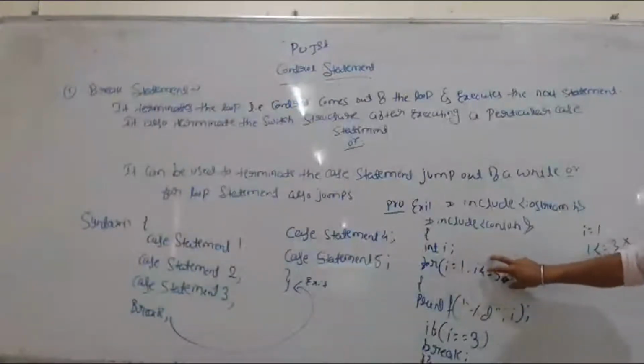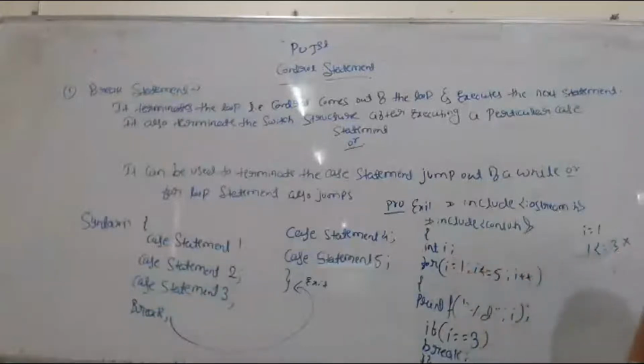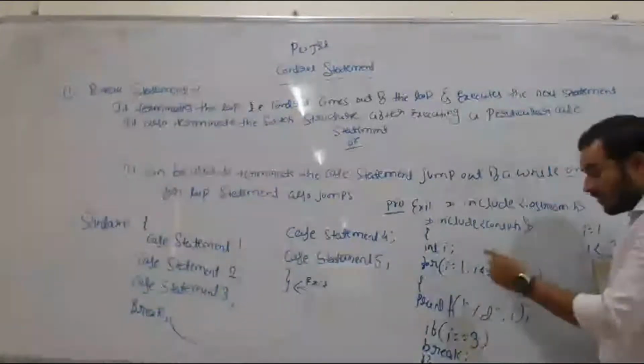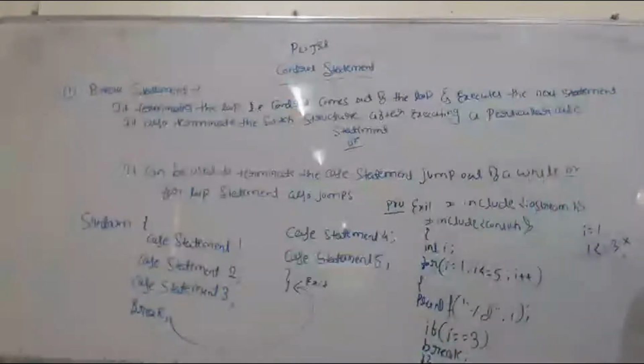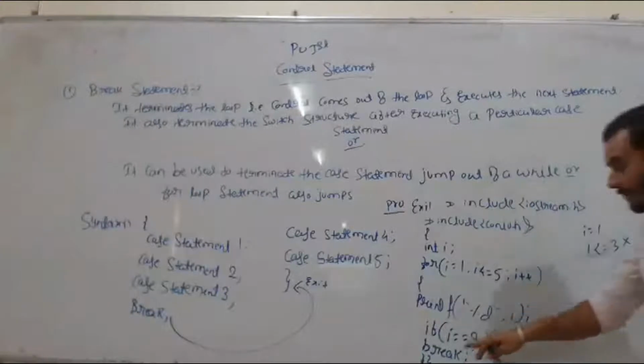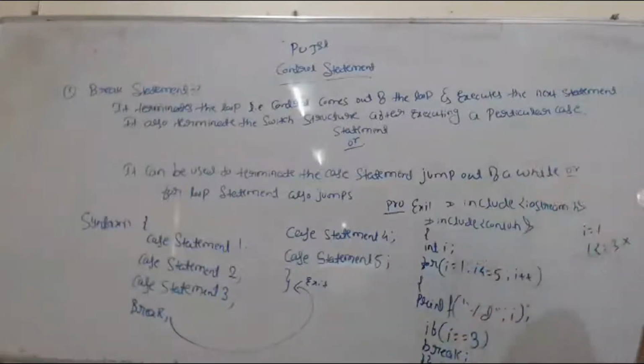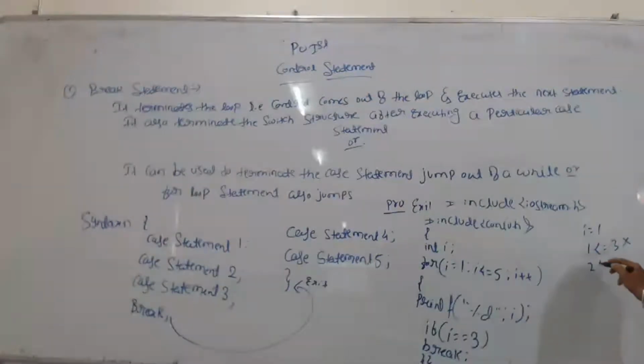The looping statement: i is equal to 1, i less than or equal to 5, i is equal to 3. Because I am applying the break statement at 3, i less than or equal to 3, no. 3 less than or equal to 3, the condition becomes true. Okay, 3 less than or equal to 3, or if you are doing this, less than, 3 is equal to 3.